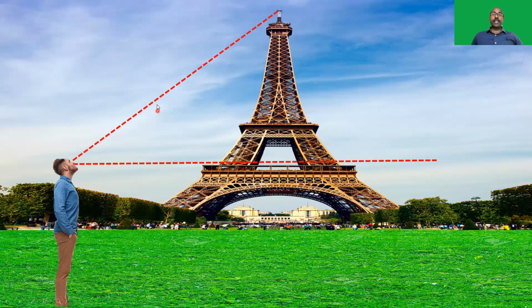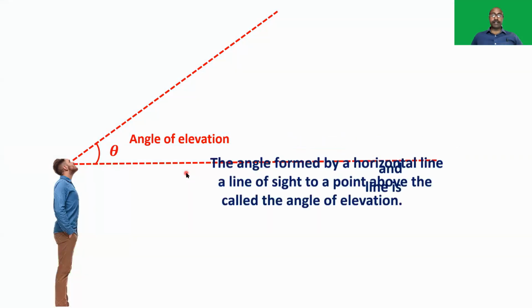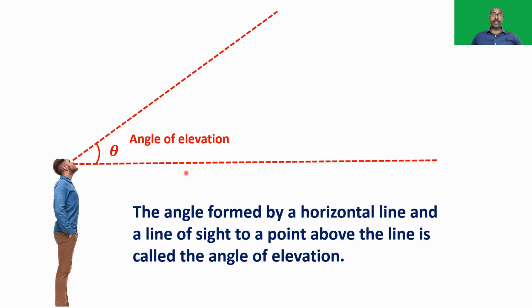Now this line of sight is making some angle with the horizontal line. This angle is called angle of elevation. We can define the angle of elevation as the angle formed by a horizontal line and a line of sight to a point above the line.